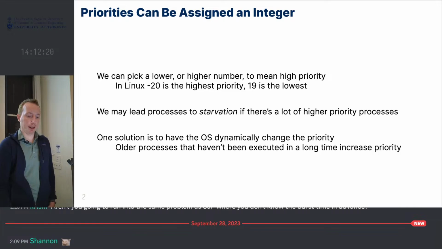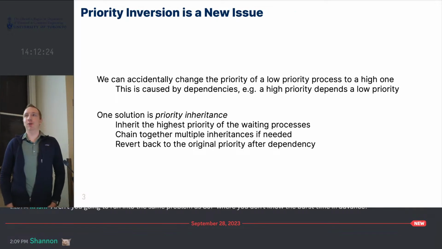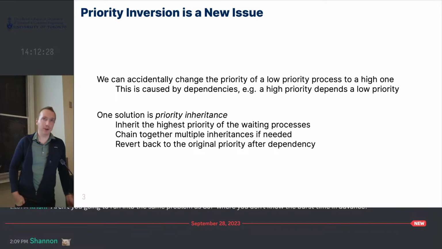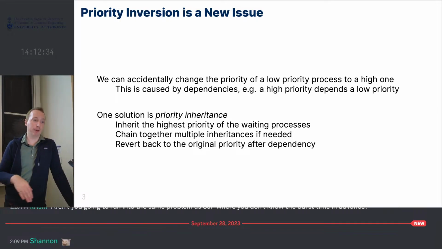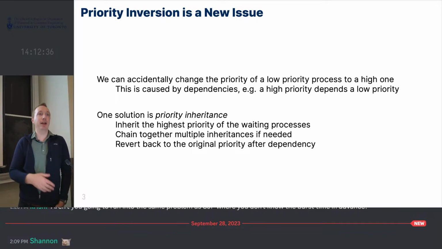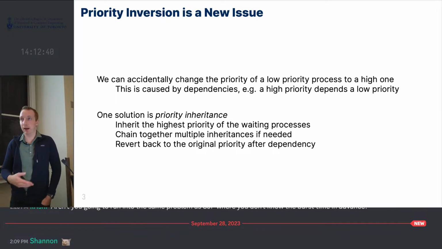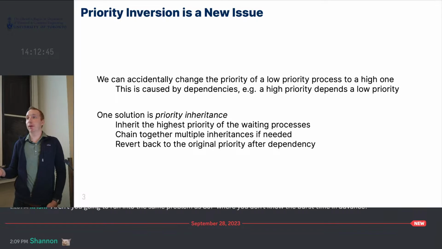That is a valid solution, but now we have a new problem, and it is called priority inversion. You can accidentally change the priority of a low priority process to a high priority one. This is caused by dependencies, which we might have realized before when we had processes communicating with each other.